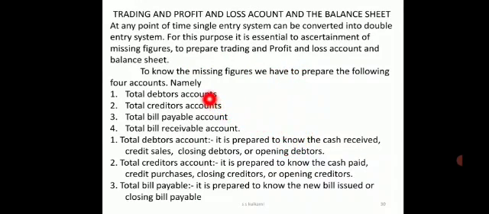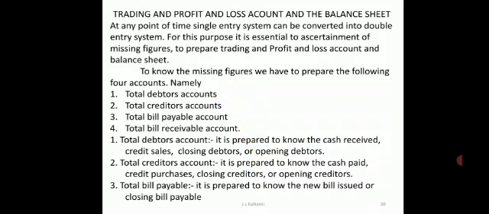So mainly they will ask either debtors account or creditors account. Bills payable and receivable are not much asked most of the times. It all depends on the information that is being provided to you in the problem. But for this year, we will be having to prepare only debtors or creditors account.